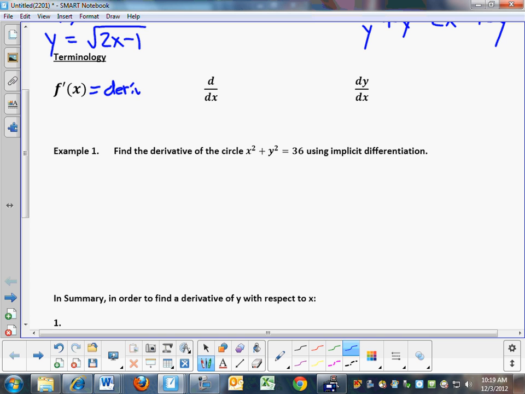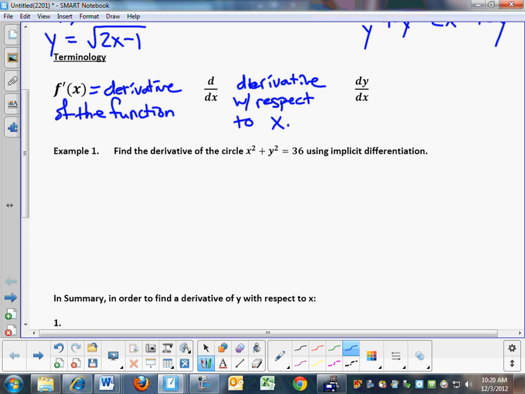That means the derivative of the function. d over dx means the derivative with respect to x. dy over dx means derivative of y with respect to x.